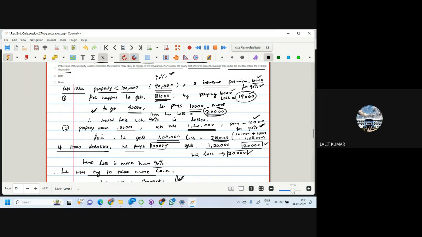To get the full amount, he has to pay 10,000, so his loss is 9,000 plus the premium of 10,000, which is 19,000. His total payment becomes 10 plus 10, 20,000. This 20,000 is more than 10,000. Therefore, the 90% policy is better for him if the property is worth less than 100,000.